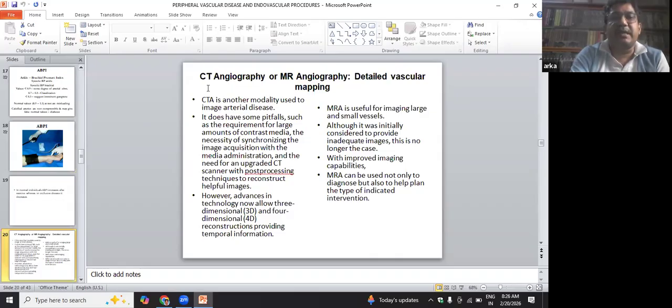Among the investigations, there are differentiating features between CT angiography and MR angiography. CT angiography is another modality used to image arterial diseases.